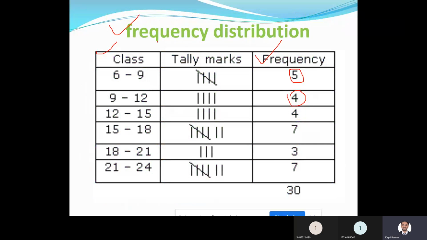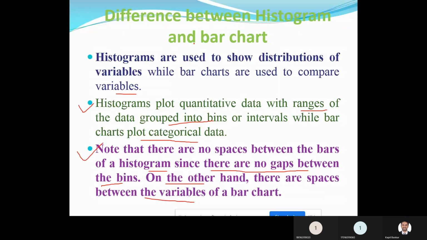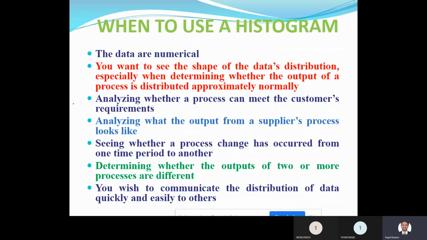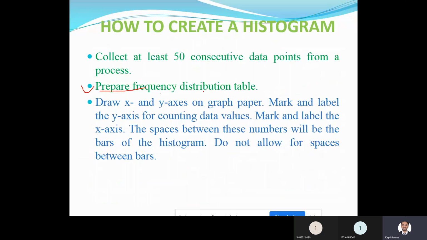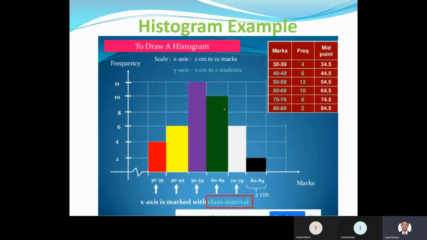From the data set, you must create this type of frequency distribution table. Then draw X and Y axes on the graph, put all these data ranges on the X axis, put the marks and draw the bars. So this is your histogram.